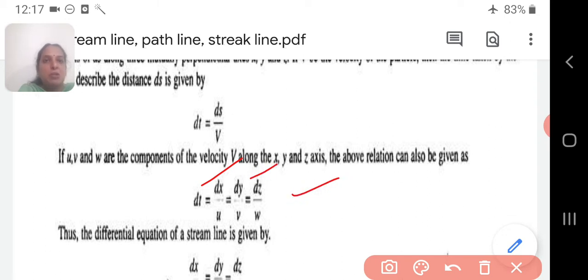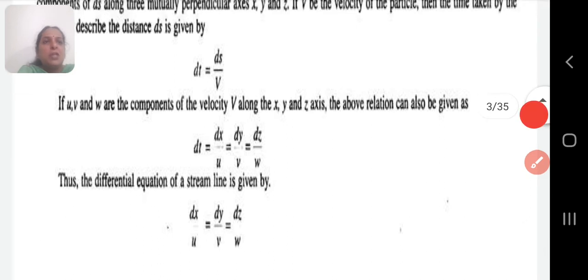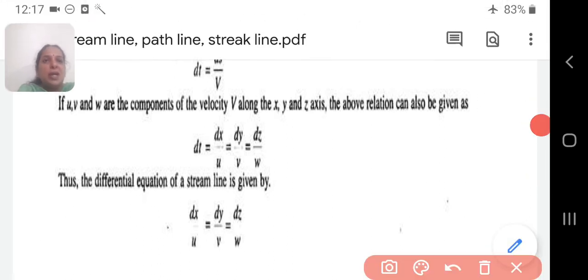That means we are showing the velocity in all three directions. So the equation of the streamline is dx by u is equal to dy by v is equal to dz by w.